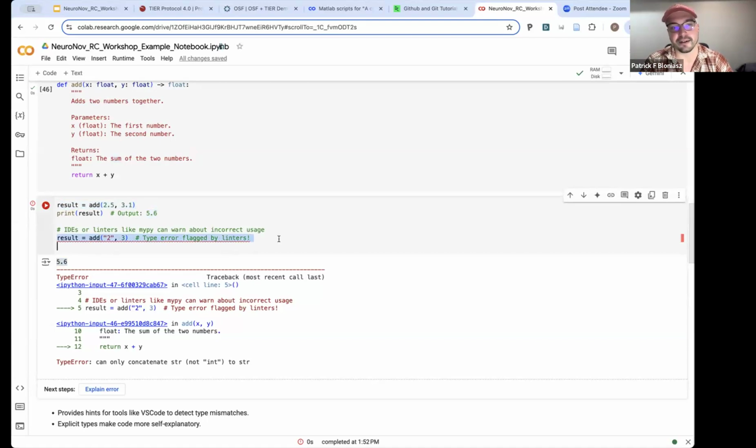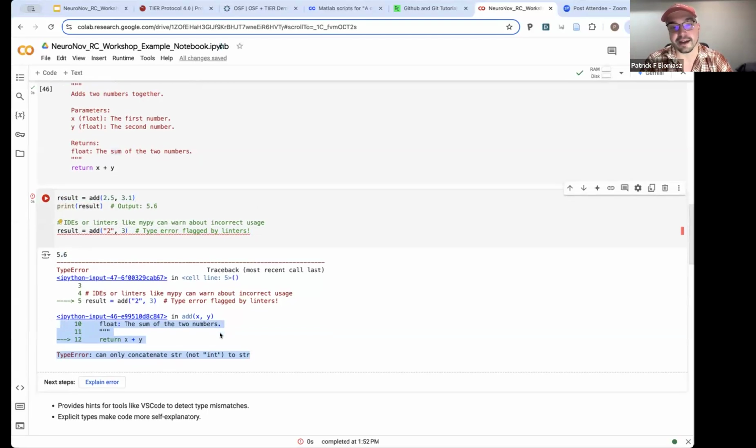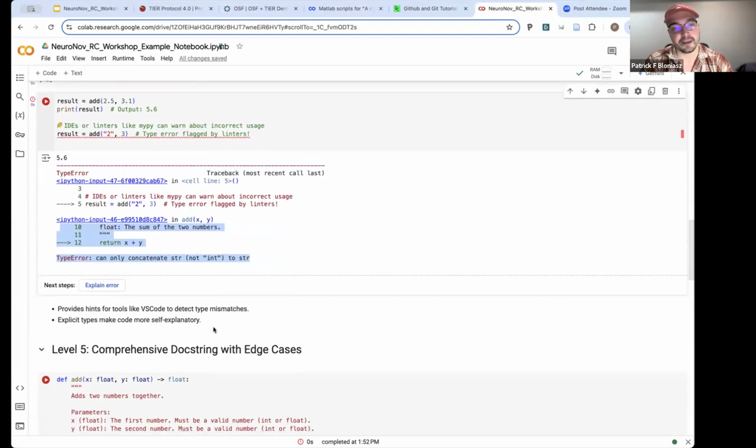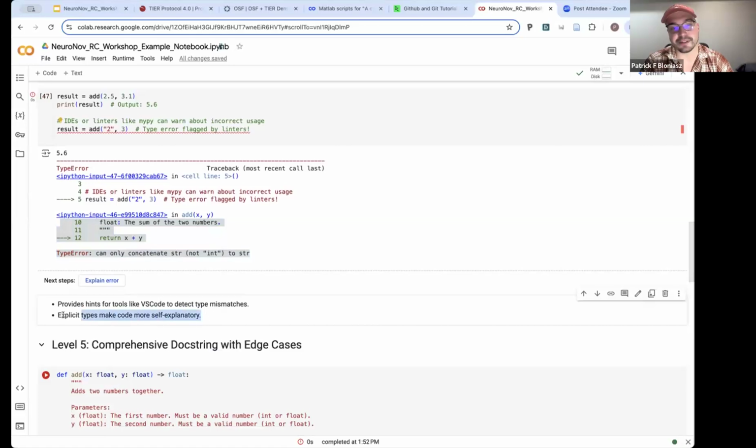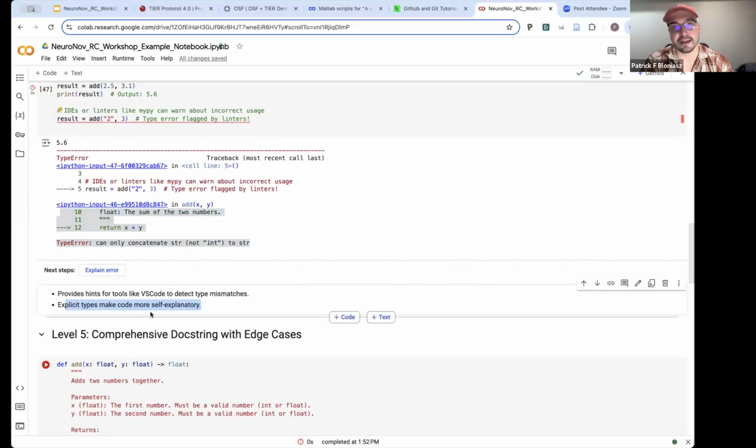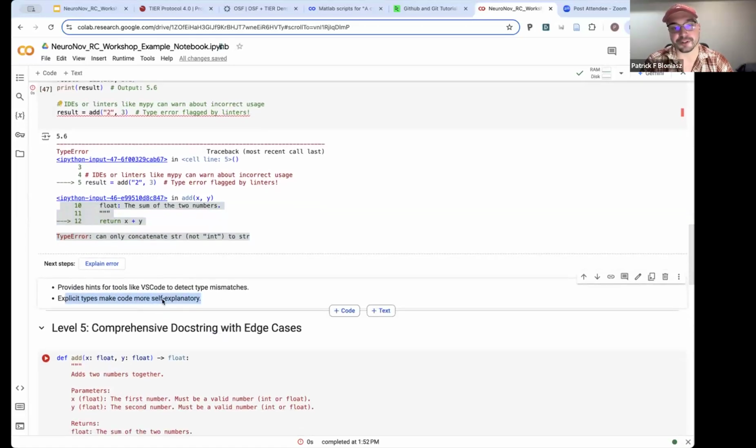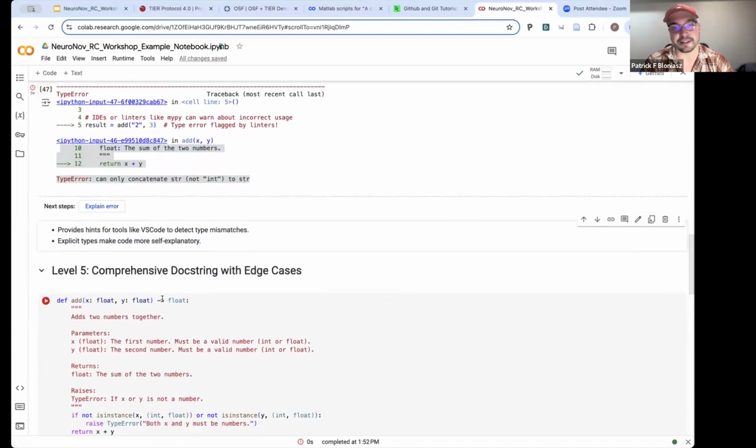But if we're down here and I'm adding what in this case is called a string, or words, and I'm trying to add that to a number, it's not just going to give me a generic error. It's going to allow the software to know that it's not behaving the way that we would expect it to. So this basically makes types more self-explanatory for how your function should be engaging with code you're passing to it.